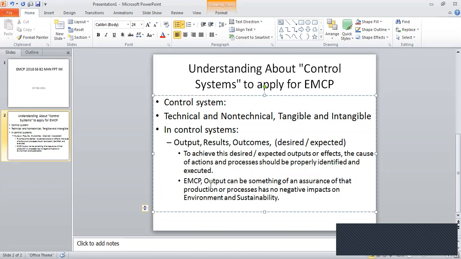So in practicing this EMCP, the output can be something of an assurance that production or processes have no negative impacts on environment and sustainability.